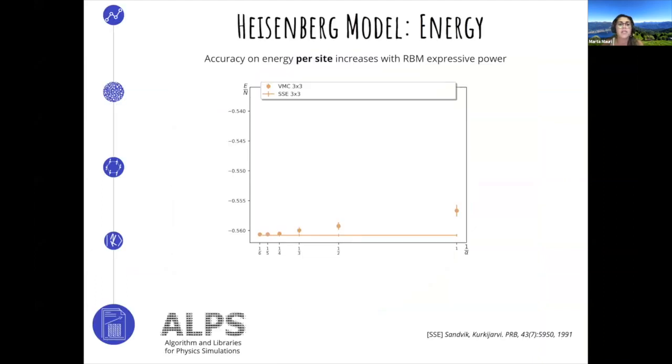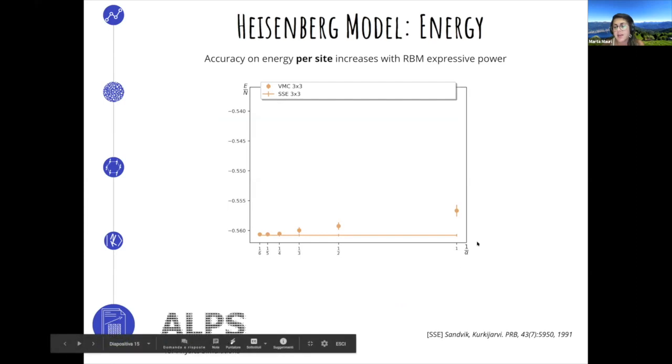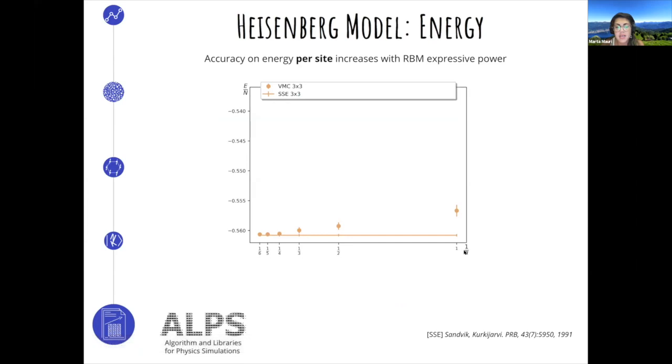For the Heisenberg model, we studied the energy per site, varying the parameter alpha, the RBM expressivity, and we ran simulations for different lattices, starting from 3x3 and all the way to 8x8 lattices.